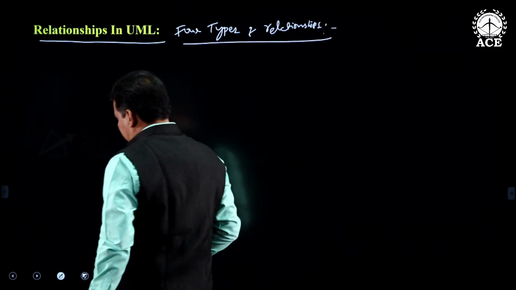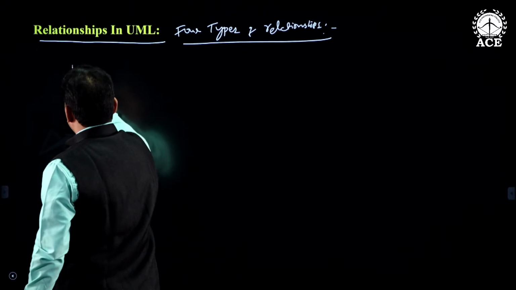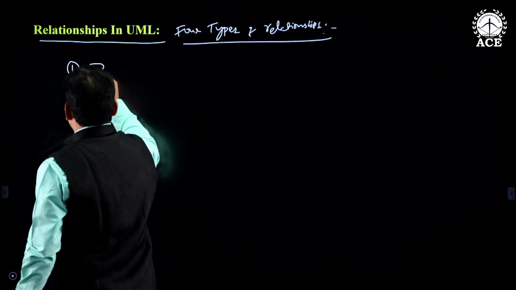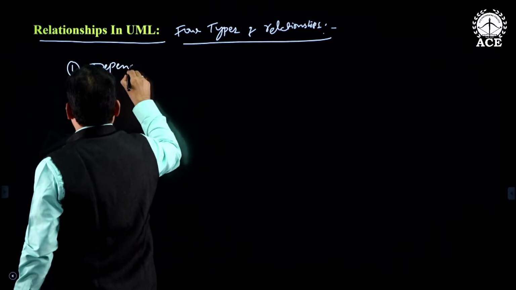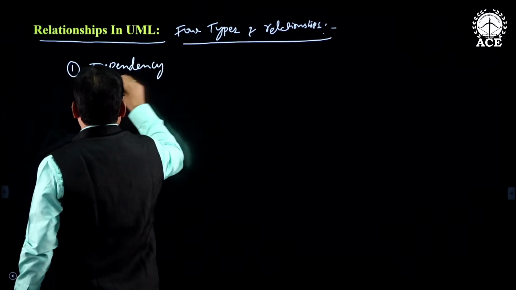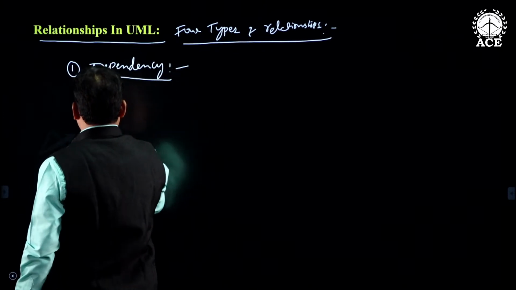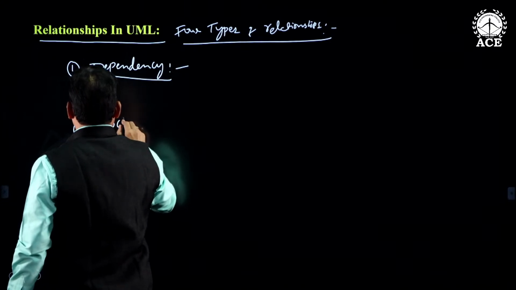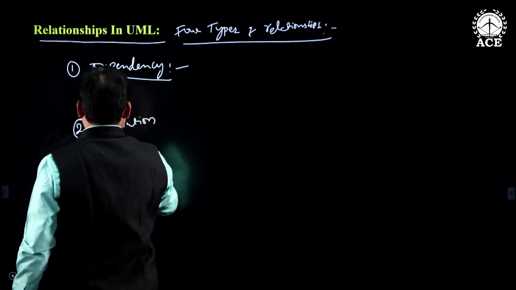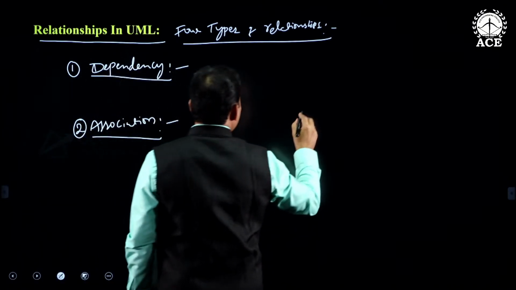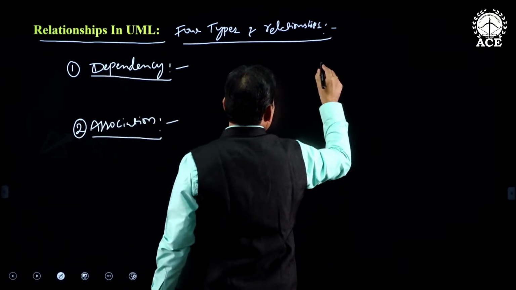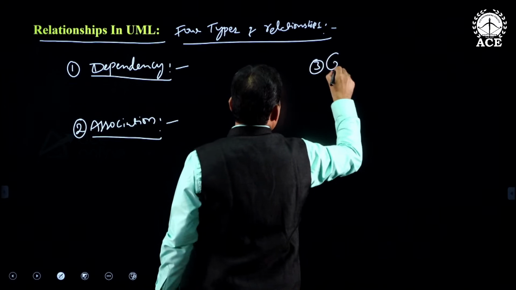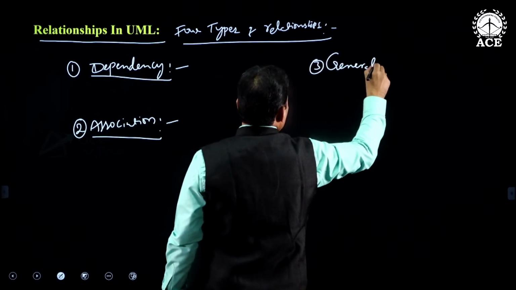What are those 4 types of relationships in UML? The first relationship in UML is dependency relationship. The second one is association relationship. The third one is generalization relationship.